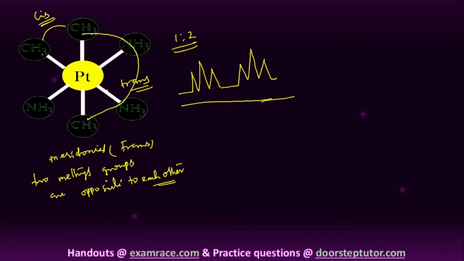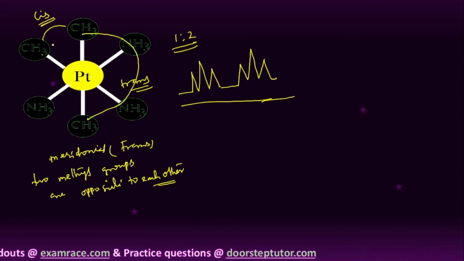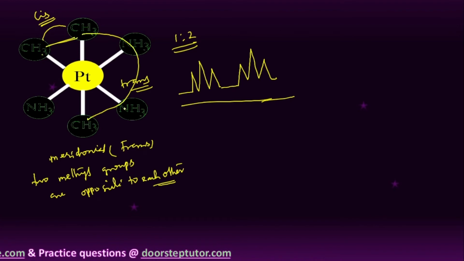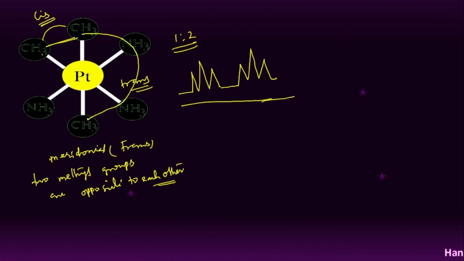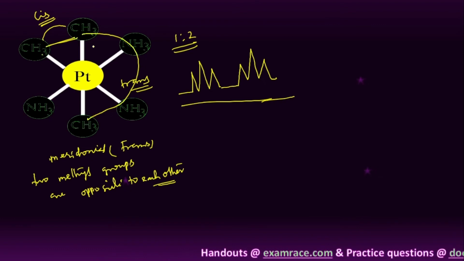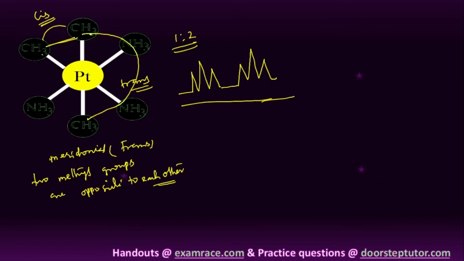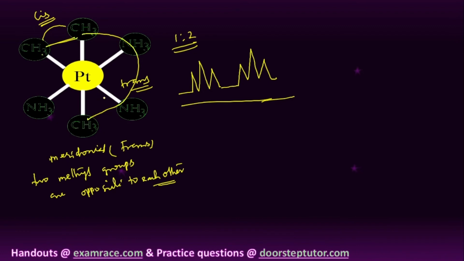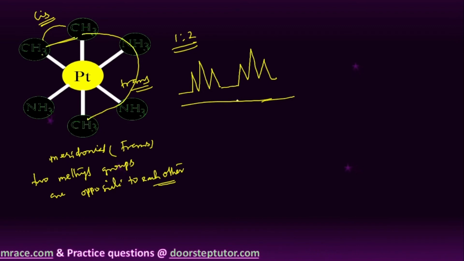Two methyls are cis to each other, and these two methyl protons are trans to each other. The cis methyl protons are coupled with platinum-195, so they split into a triplet. And the trans methyl protons are also coupled with platinum-195, and give a triplet in the NMR spectroscopy.